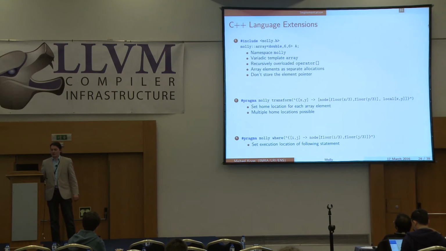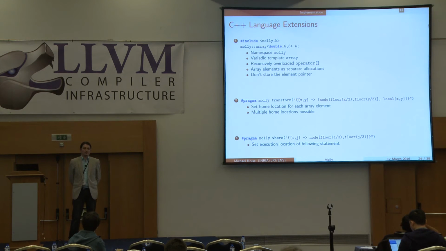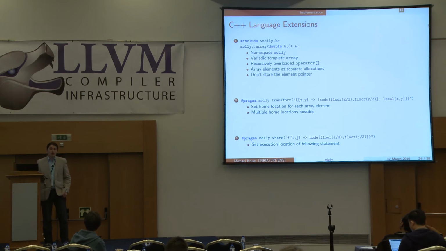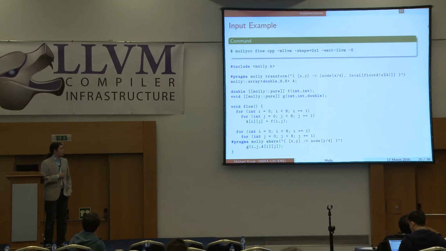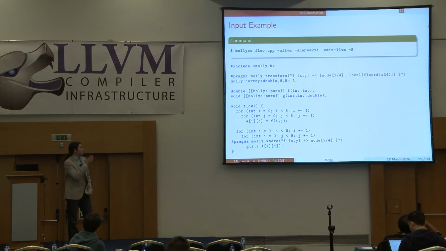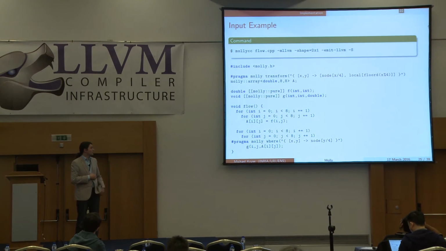And then for the work distribution, we also have a pragma where one can define, for a specific iteration, on which node I want to execute it. This gives me a lot of control, and the communication part itself is handled by Molly. So this is an example program of how it looks. We have a globally defined array A, which is distributed according to the distribution over there.